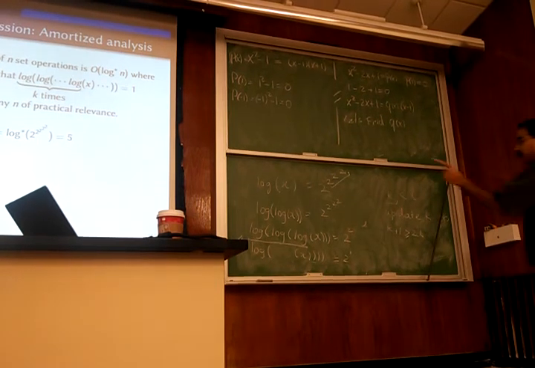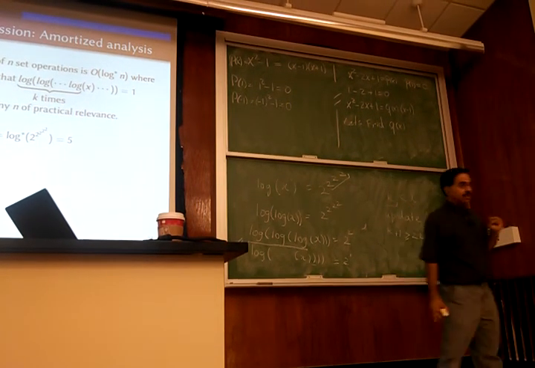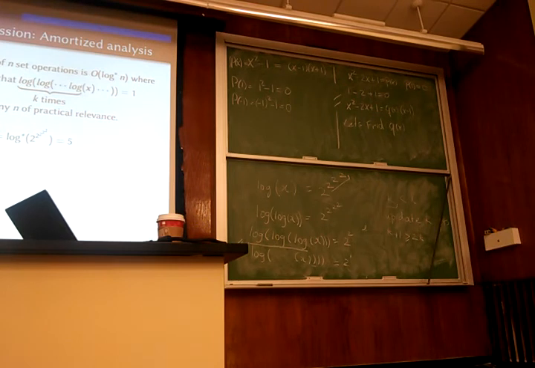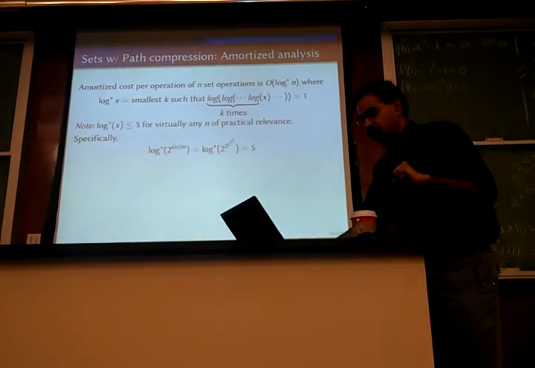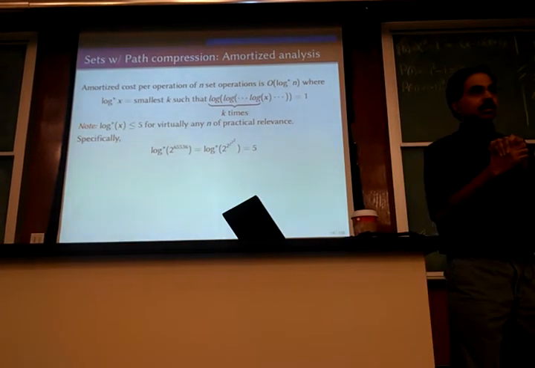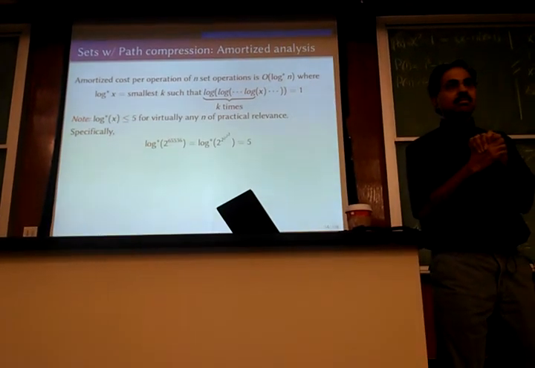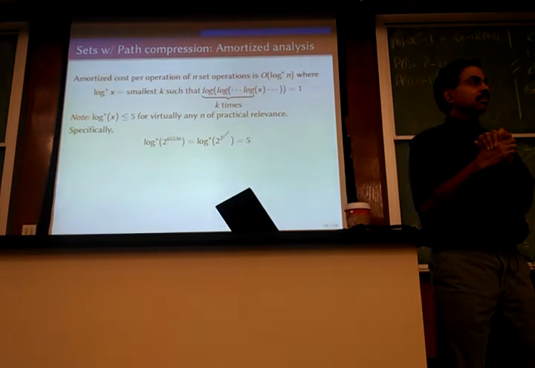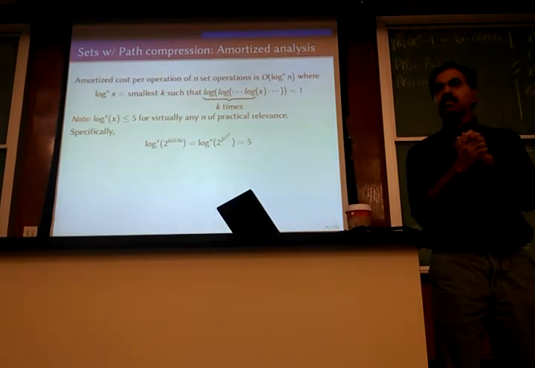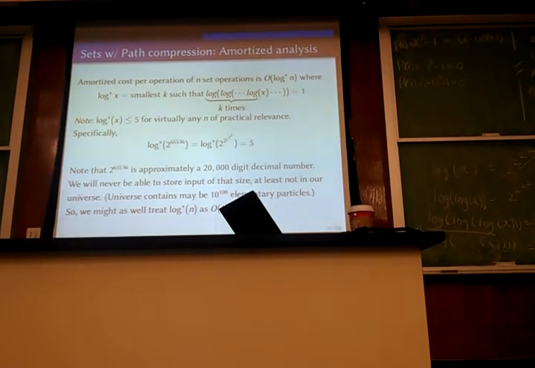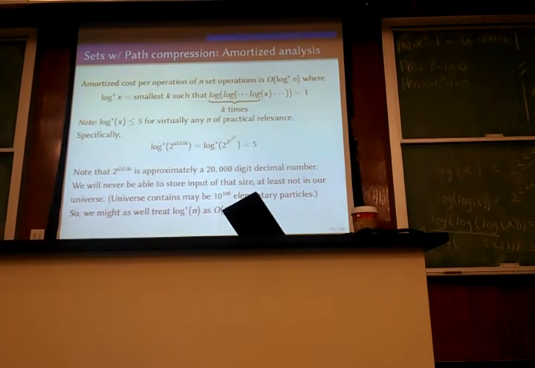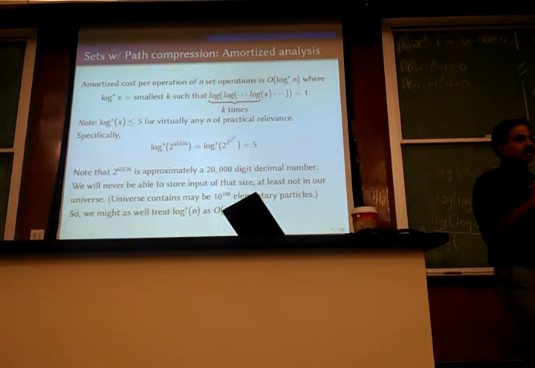So one thing that you should notice is that this is a function that increases extremely fast. So how big is 2 to the power 65536? It's bigger than anything we can represent. And as always, size of the universe is a good yardstick, because if you need to represent the input, we probably need at least one elementary particle for each bit of information.